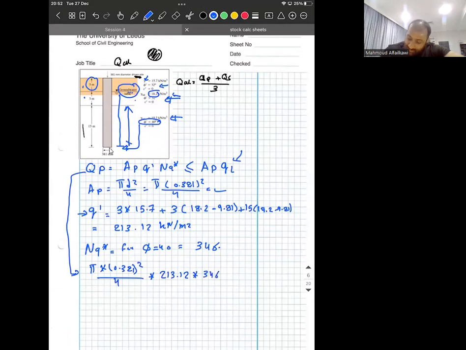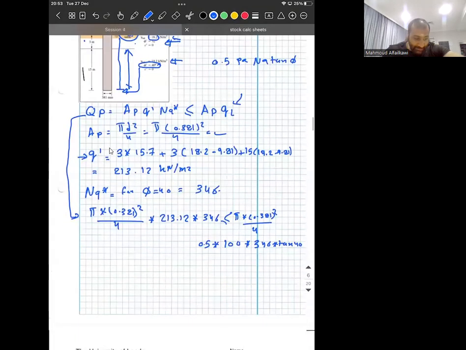It should be the lesser between the two of these. A_p, pi multiplied by 0.381 squared over 4, multiplied by q limiting, which is 0.5 multiplied by p_a, if you remember, 0.5 p_a, which is 100, multiplied by N_q, which I calculated 346, multiplied by tan 40.